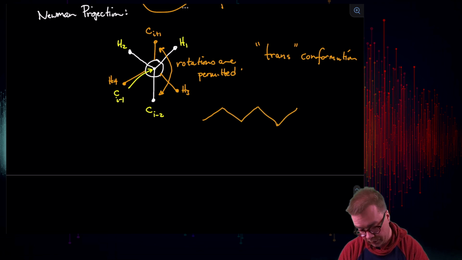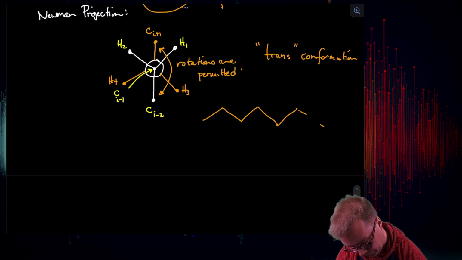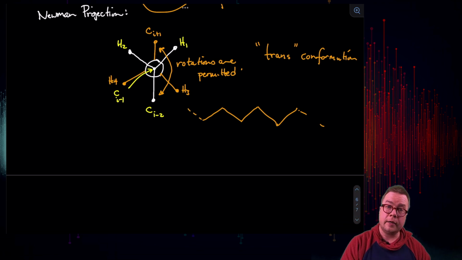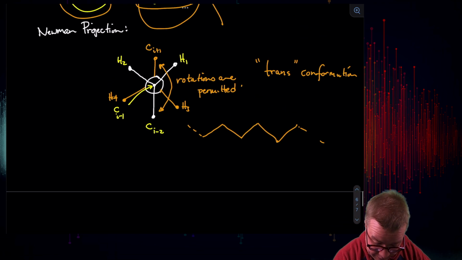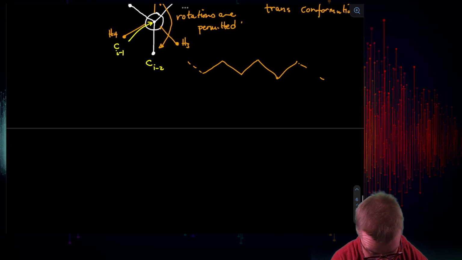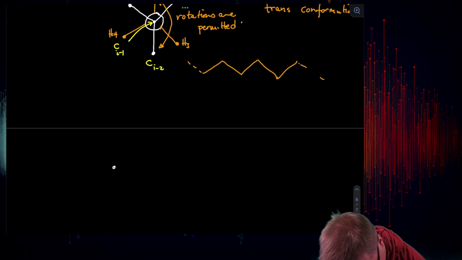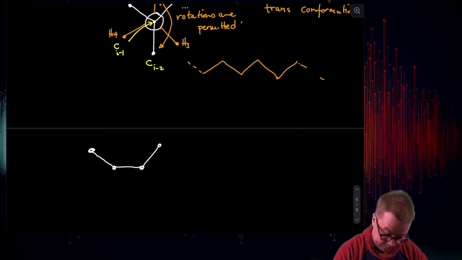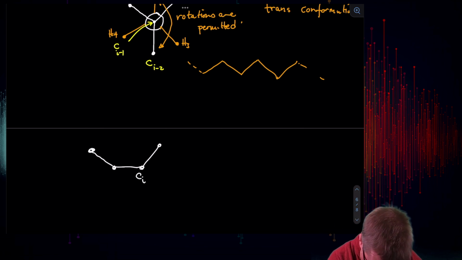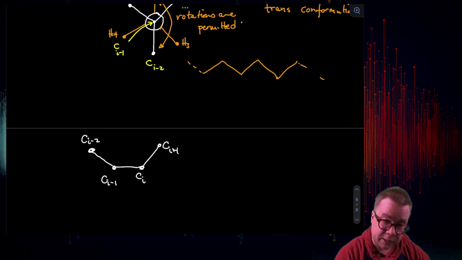If you wanted to draw the Newman projection for what's going on, now I could have a different one. Imagine that I zoomed into that part of the molecule. This trans conformation is not the only one I can have, right? I could have something that looks like this. Okay, so I've got carbon atom I+1, I-1, I-2.